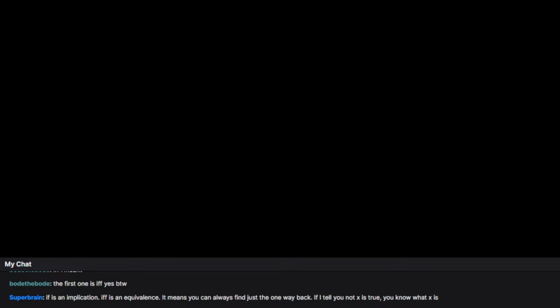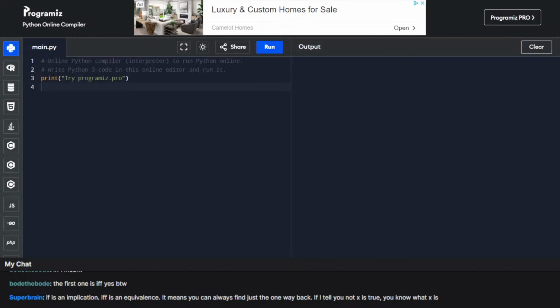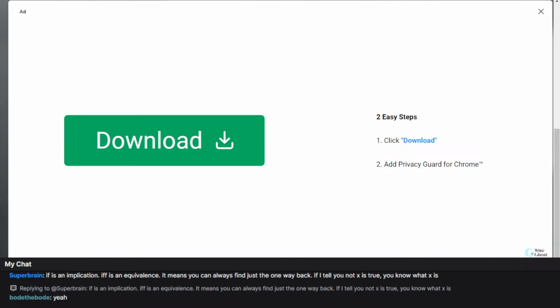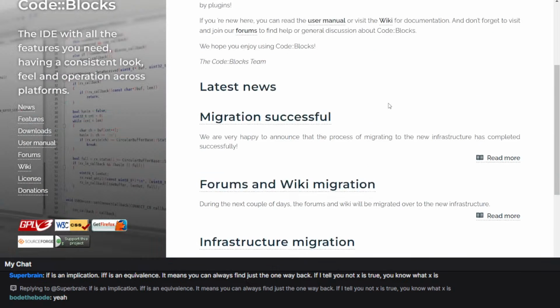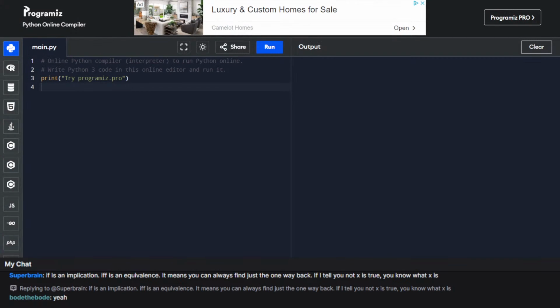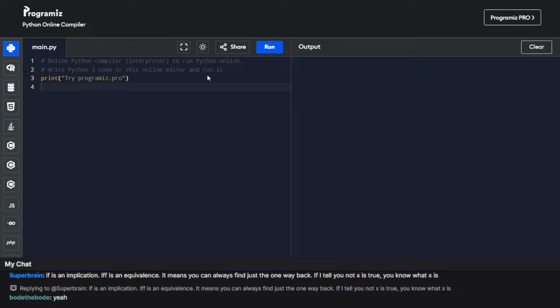In a separate tab. Superbrain says if is an implication. IFF is an equivalence. It means you can always find just the one way back. If I tell you not X is true, you know what X is. What the hell? Go away. Code blocks uses ads. Okay.